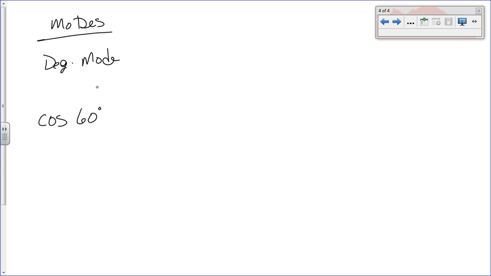Why? Because since you're in radian mode, you're telling the calculator any angle I put in is radians. If you're in degree mode, you're telling the calculator any angle I put in will be in degrees. Other than telling it what mode to be in, there is no way to distinguish between degrees and radians when you enter them into the calculator.